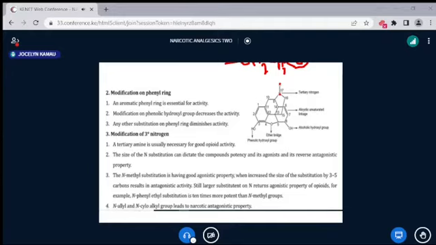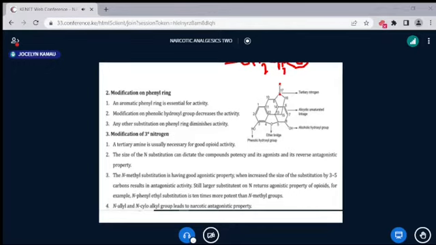Kindly note those exceptions, because the N-phenyl ethyl substituent derivative of morphine has much higher activity than morphine, actually up to 10 times.